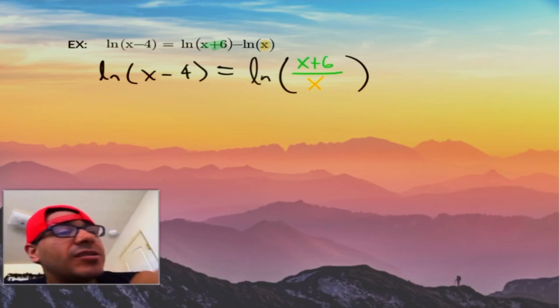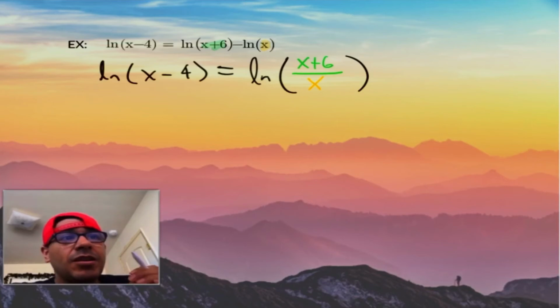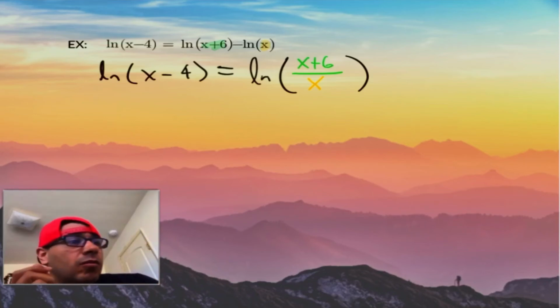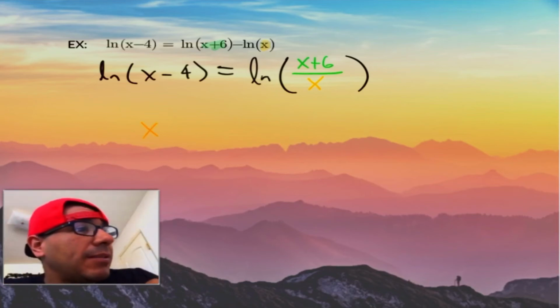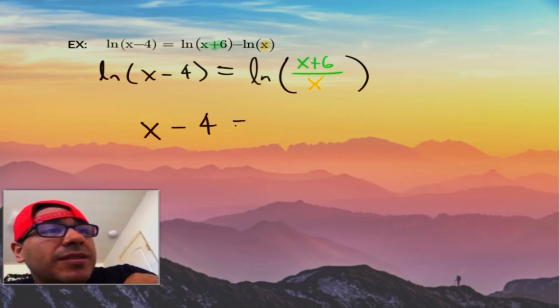And now you see that you have 1 log on each side of our equation. Because they have the same base, log base e, on each side, we're now allowed to set those arguments equal to each other.